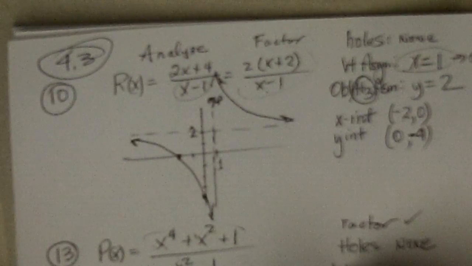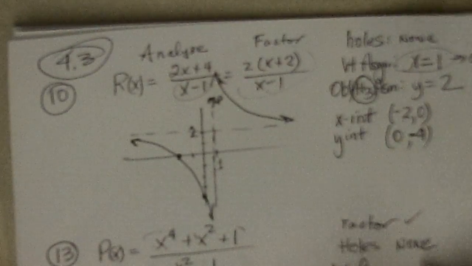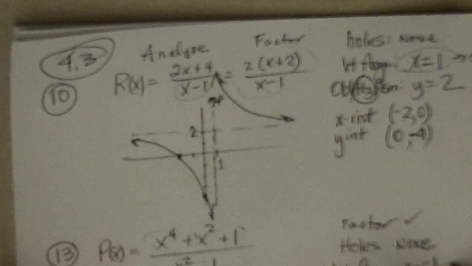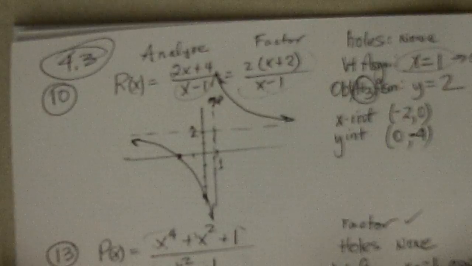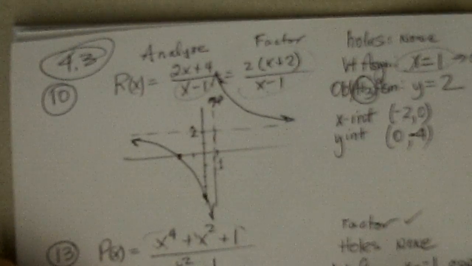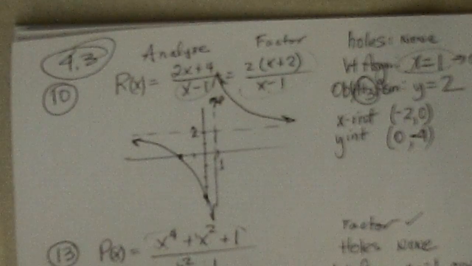So vertical asymptotes. There's going to be one at -1. And since it's a single factor, it's going to be going opposite on either side of it. And then one at x equals 1, and again opposite, because it's a single factor, it's not squared.